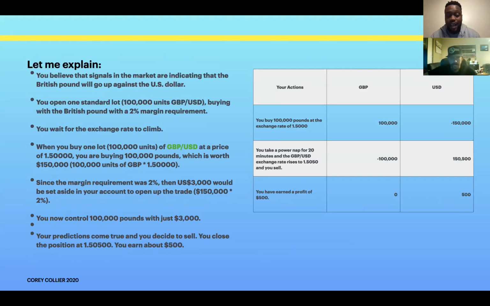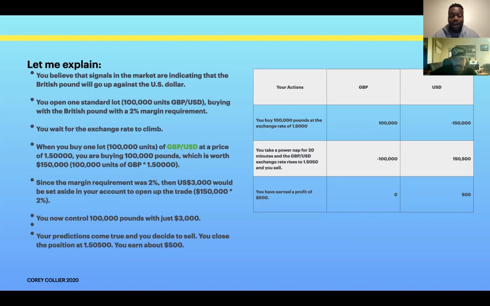When you buy one lot of the British pound at the price of $1.50, you're buying 100,000 pounds. That's what you're controlling. Remember, one standard is equal to 100,000 units. Because you're buying at the exchange rate of $1.50, you multiply those 100,000 pounds by $1.50. So all in all, you control a value of $150,000.